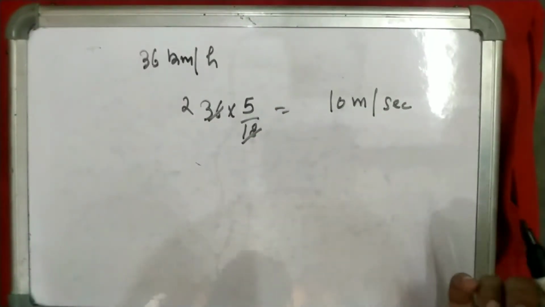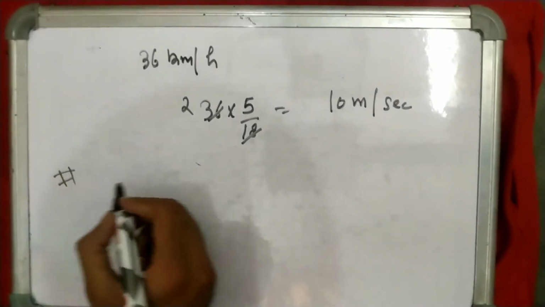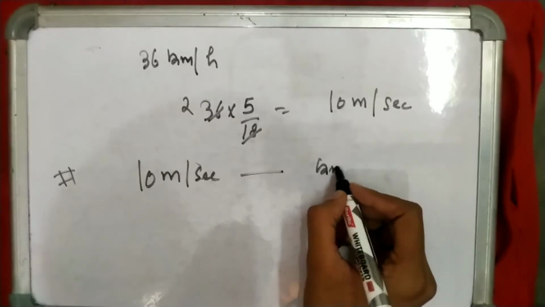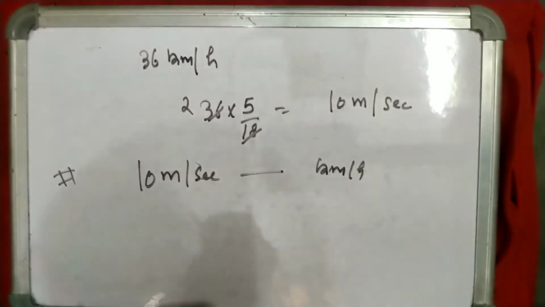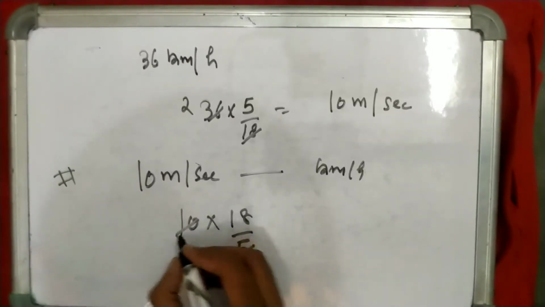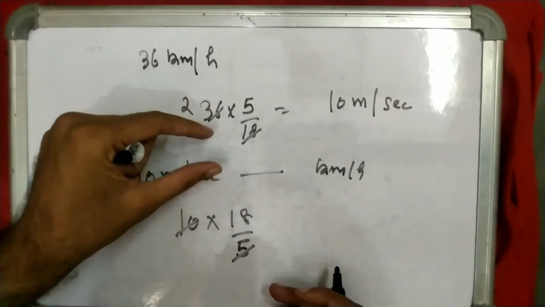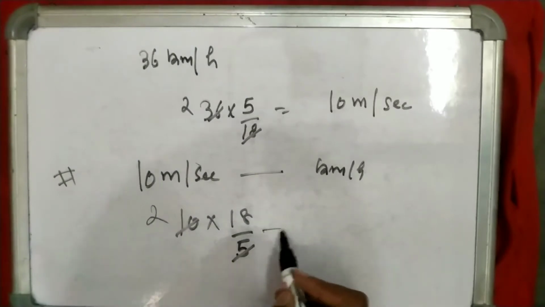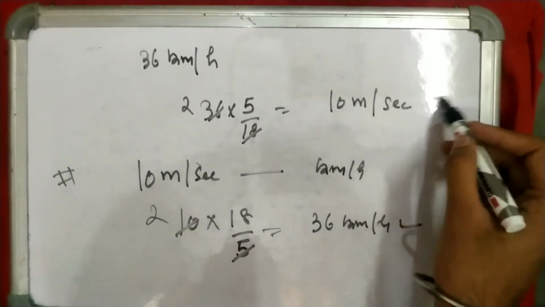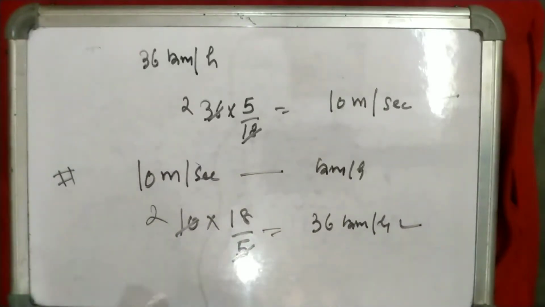In the same way, if you have to convert 10 meter per second into kilometer per hour, I just multiply by 18 by 5. Reverse it: 5 by 18, 18 by 5. So you get 36 kilometer per hour. I hope you understand this concept. Now we will go back to the question.